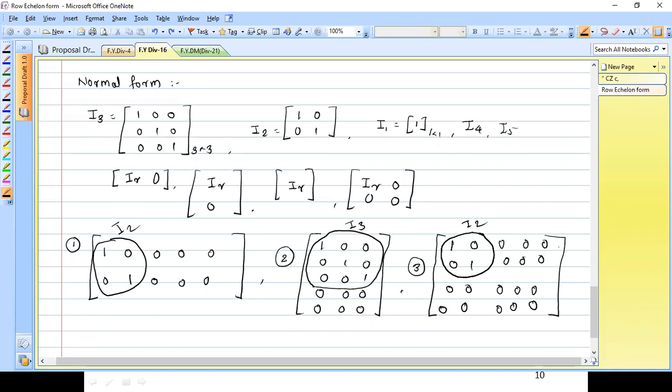Okay, the order doesn't matter here, whether you have 2 cross 2, 3 cross 3, 2 cross 3, 4 cross 5, whether it is square or rectangular, doesn't matter. Here you are getting square matrices, in the above example some rectangular matrices, here again rectangular matrices. So it doesn't matter. We are interested in only I2. What is my identity matrix? How does it look?